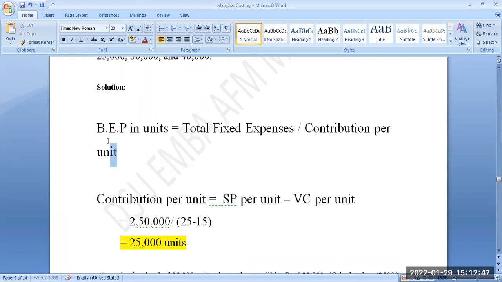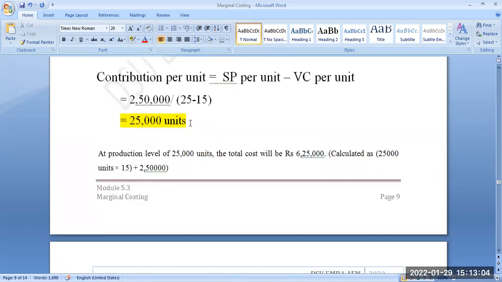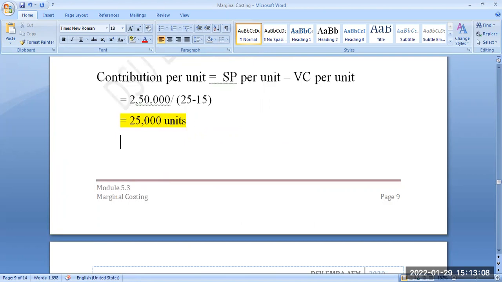No, sir, I want it in rupees. What should be the selling amount? What should be the total sales volume to reach my break-even point? In that case, you just multiply these 25,000 units with the selling price per unit. Can anyone tell me how much the break-even sales in total should be in this case?